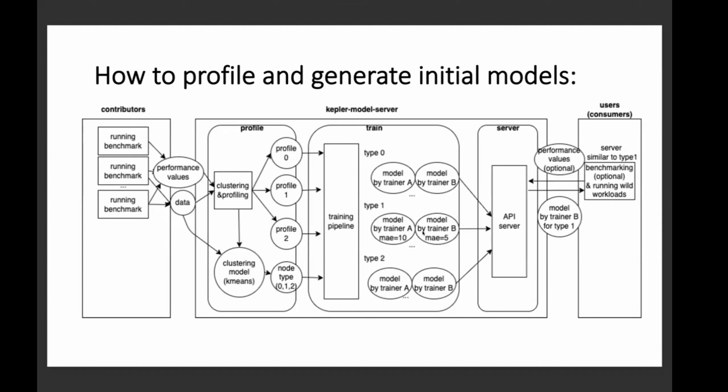Also machines that have GPUs and machines that don't, so the power consumption of the node is different. So we have some system configuration, and then the metadata of the data collected from the node, and we create a power model. So when someone is running a similar machine, they provide metadata and download the model. Yeah, that is the discussion that we can have.